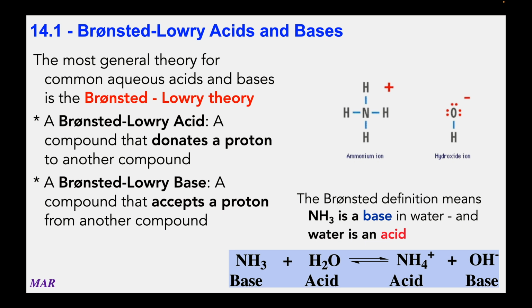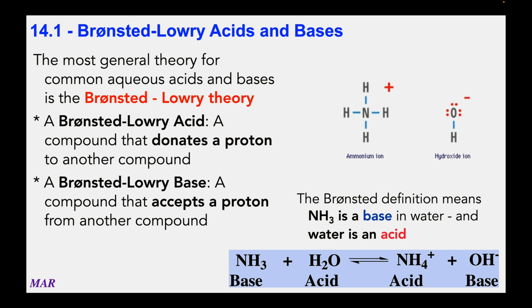However, notice that this reaction has equilibrium arrows, the double-sided arrows we talked about in the last section. And like all equilibrium, you can think about them as reactants going to products as well as products going to reactants. So now let's consider ammonium reacting with hydroxide.